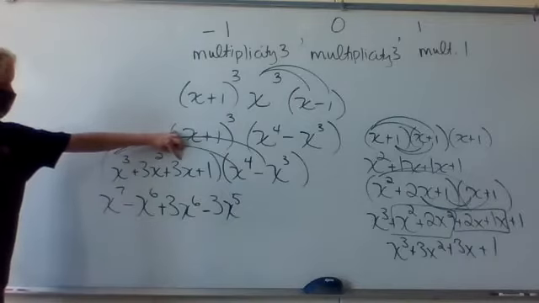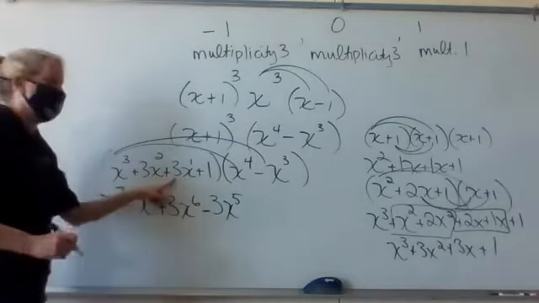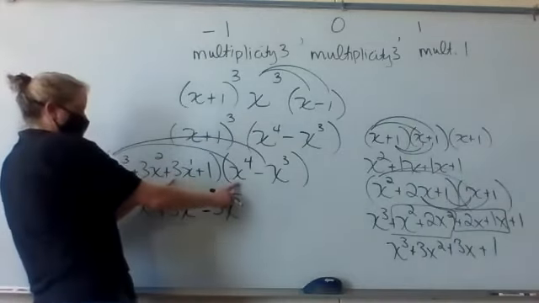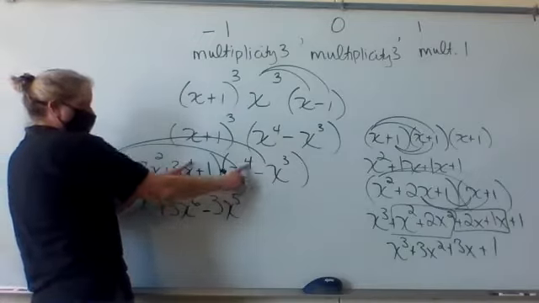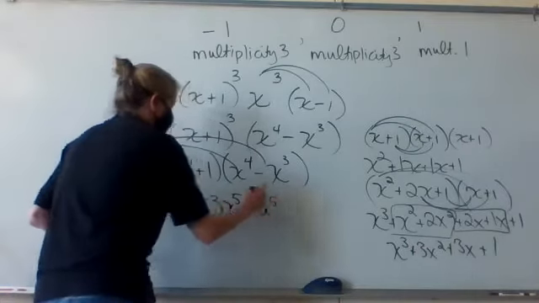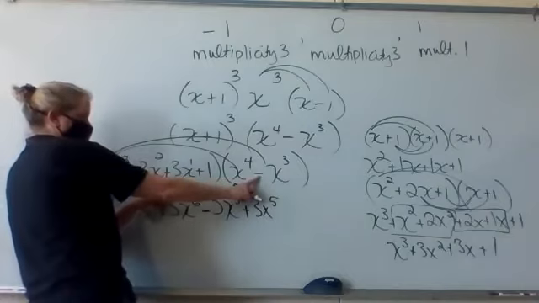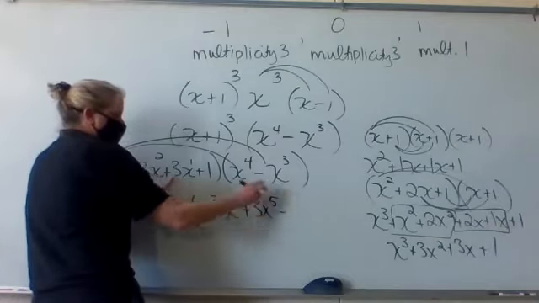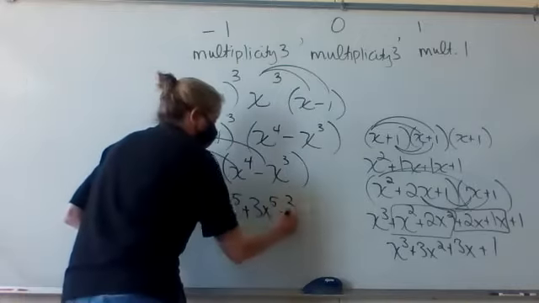So just move to the next one. Distributing 3x. Remember, its exponent is a 1, right? So I need to remember that because I'm going to be adding exponents here. What's this going to give me? Positive 3 x to the 5th. And what's this one going to give me? Positive times a negative, so it's going to be negative 3 x to the 4th.